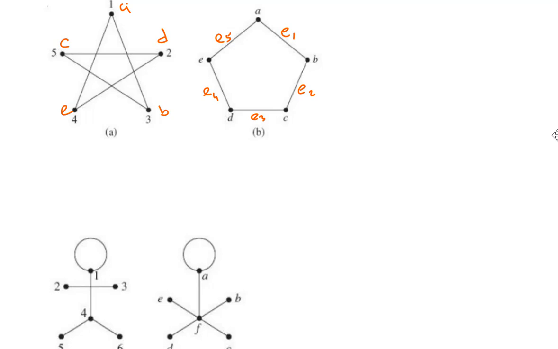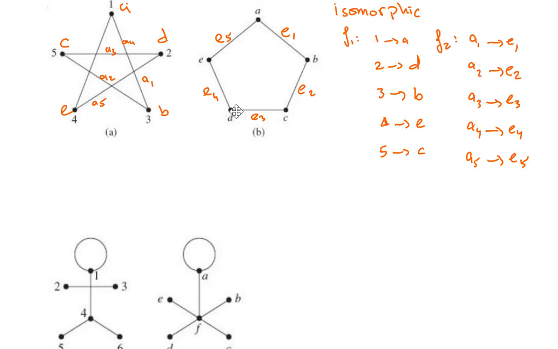And then similarly, I could call this one A1, A2, A3, A4, and A5. And this way we could easily write the two functions. So as we can see here, these two graphs are isomorphic, and here is the function that maps the arcs and the one that maps the nodes.